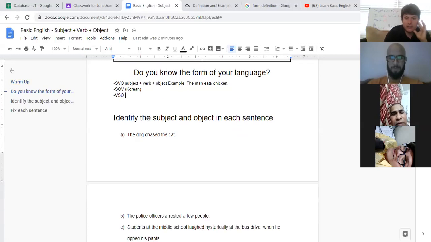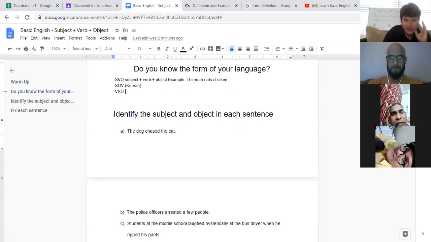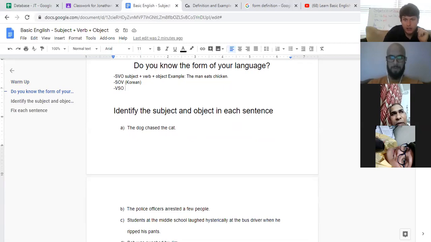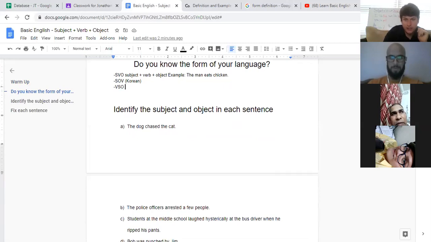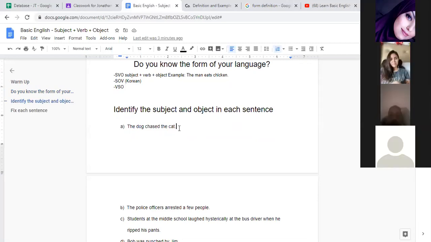Okay, let's identify the subject and object in each sentence. So I'm going to underline the subject. But tell me, what's the subject in this first sentence? The dog chased the cat. What is the subject here? The dog. Yeah, the dog. Okay, that's an easy one.